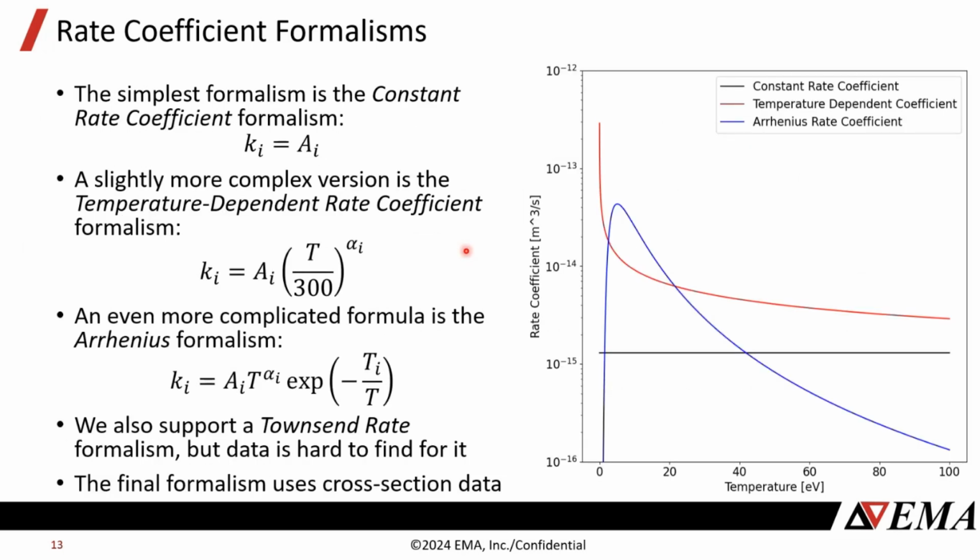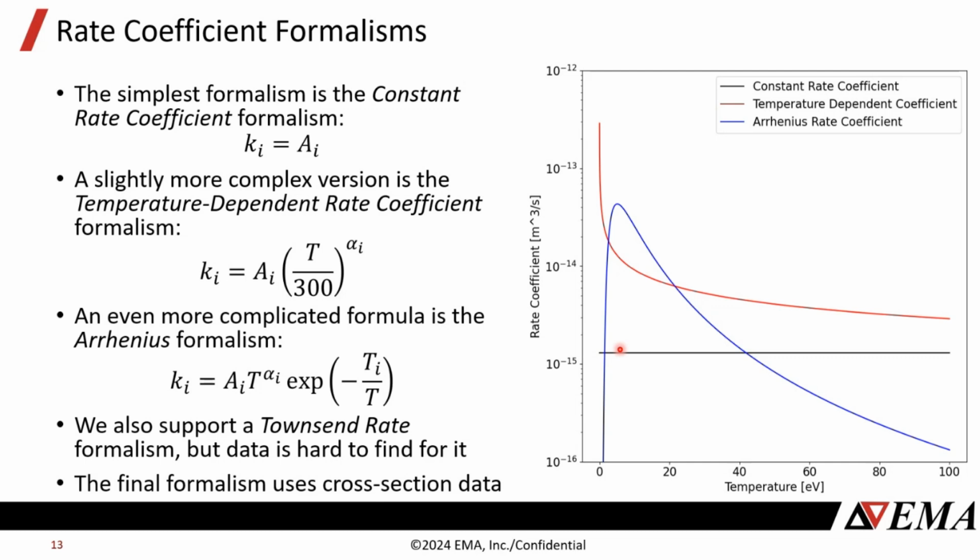And so let's go over the formalisms used for computing the reaction rate coefficient. We have 5 in total, but I'll cover the first 4 here as they are equations that reaction rate data is parameterized to. The simplest formalism is the constant rate coefficient, where K sub i is just equal to some constant number, which is shown here as a black line in this plot.